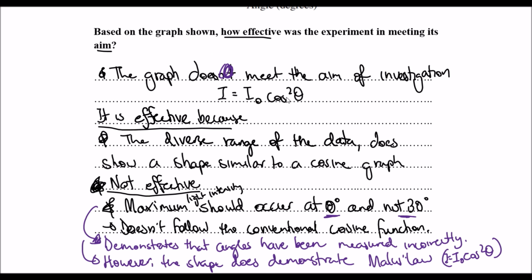It does meet the aim of the investigation, but one important thing that we need to look at is the fact that the angles aren't in the correct position. Alright, so hopefully this helps explain how we can actually understand whether or not the experiment has answered the aim. This experiment has, but the representation of the data is not in the correct positioning.